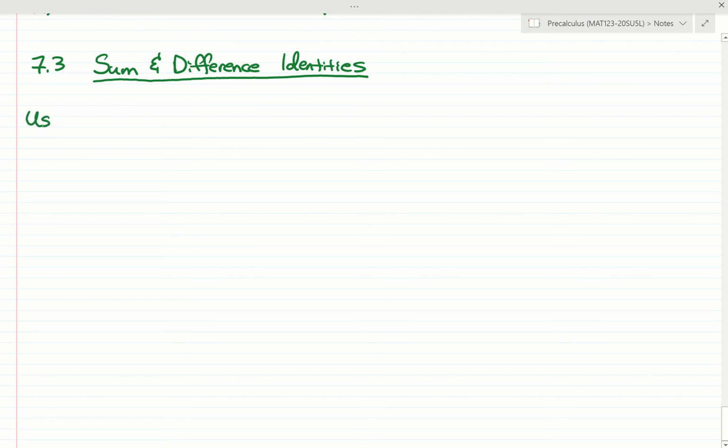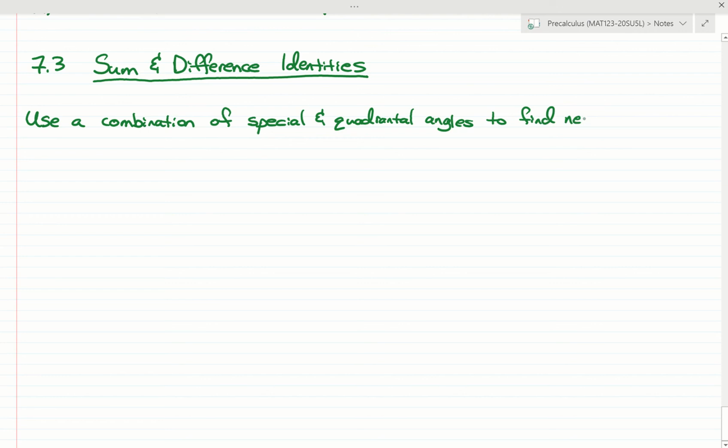So we're going to use a combination of special and quadrantal angles to find new angles.